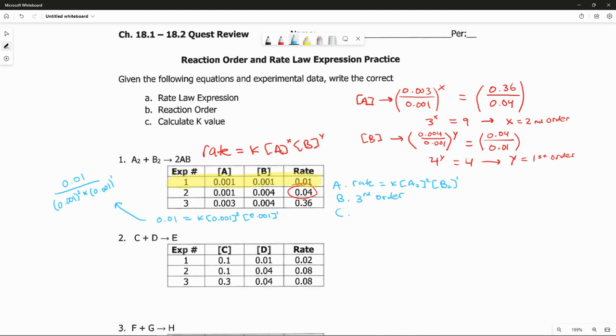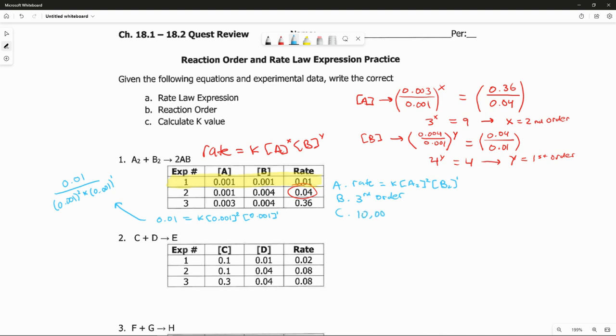So what we can do is type this into our calculator and grab that number and divide it by that. So basically all you're doing is 0.01 divided by the squared value of 0.001 times the 0.001. Since it's first power, you can ignore the first power. It's the same number. So your final answer is going to be 10 million.